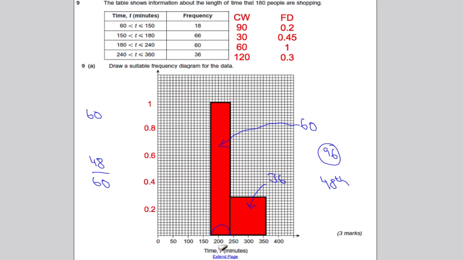The class width in this case goes from 180 to 240, or in other words, the class width was actually 60 in total. 48 over 60 multiplied by 60 is 48. So I'm going to add 48 onto my 180. 180 plus 48 gives me 228 minutes.